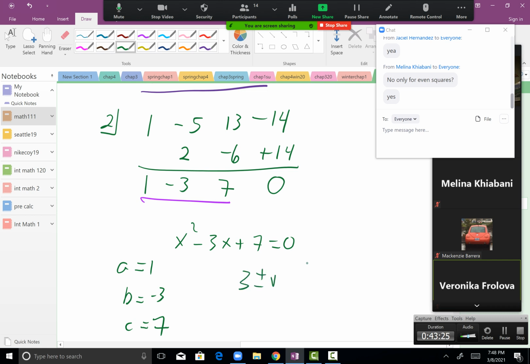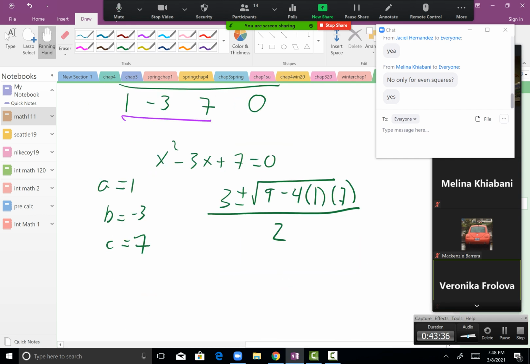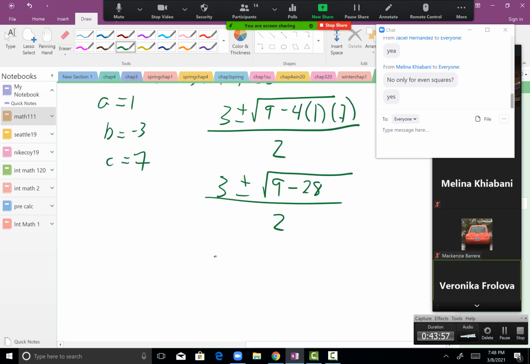3 plus or minus the square root of b squared minus 4 times 1 times 7 over 2. 3 plus or minus square root. So let's see what we got here. 9 minus 4 times 1 times 7, that's going to be 28. 3 plus or minus the square root of negative 19.